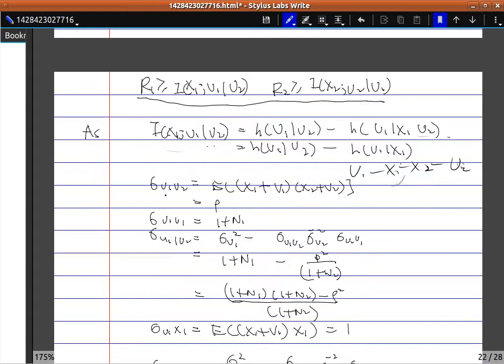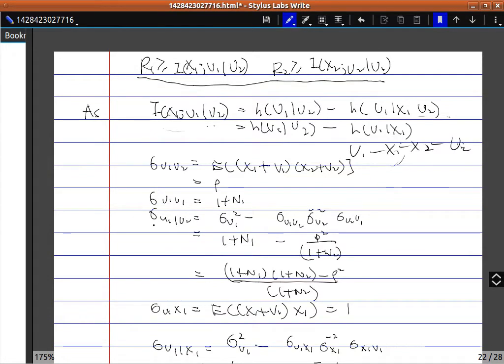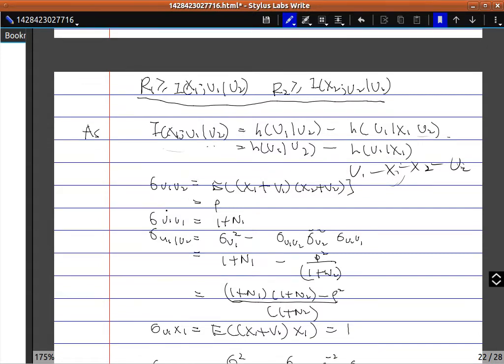So again, I just write down the variances for sigma u1 u2, because we want to do the same thing. We want to find the conditional variance. Of course, this is a little bit simpler than the last case because all the variables here are scalar.